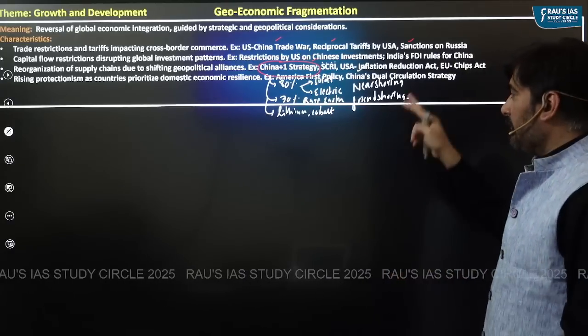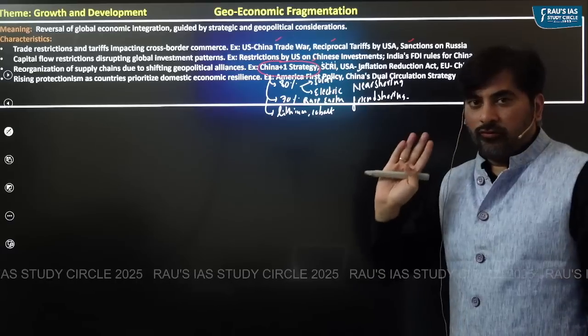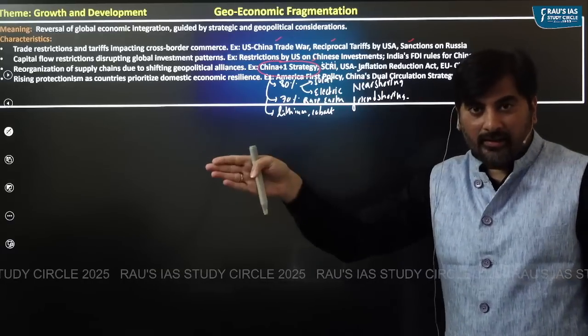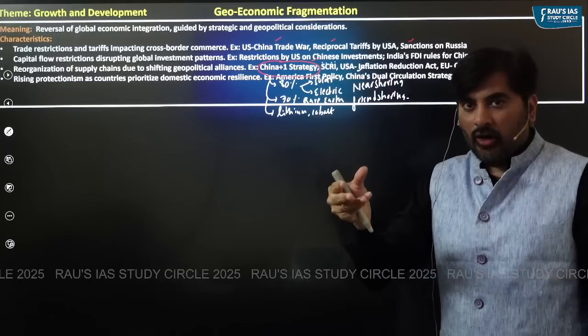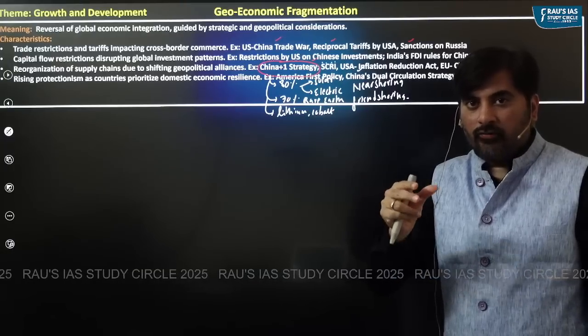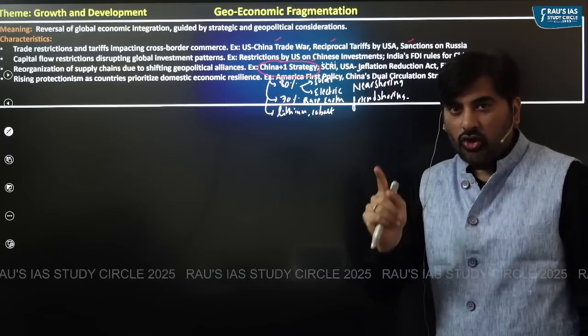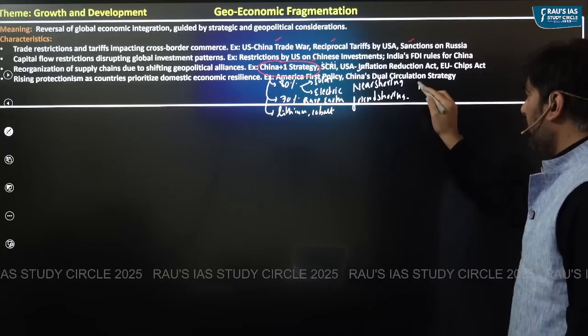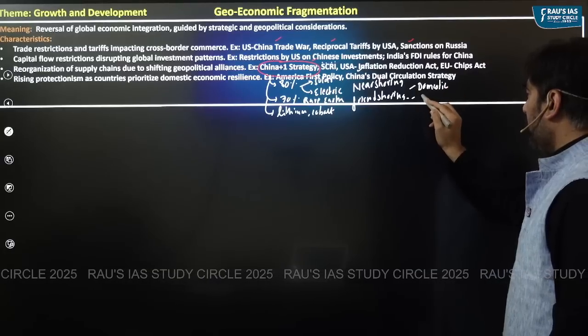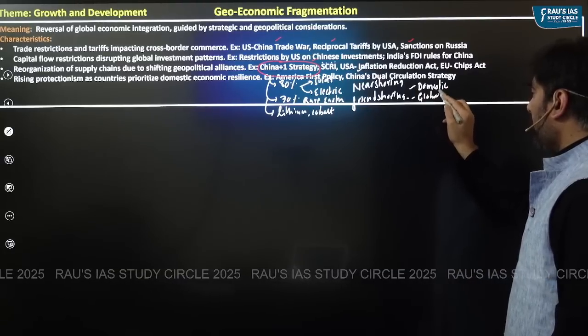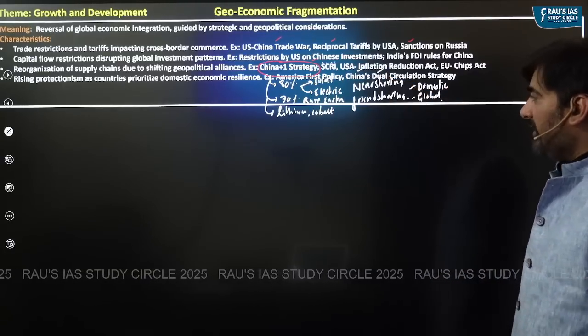For example, China, which was so far focusing on an export-led model, more outward, has now decided that it will go for a dual circulation strategy. Dual in this case means it will focus on the domestic economy as well as the global economy, which gives the word dual circulation.